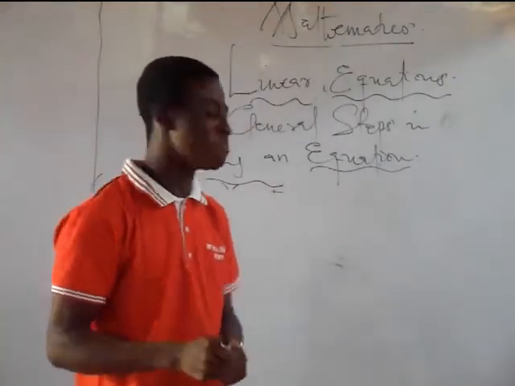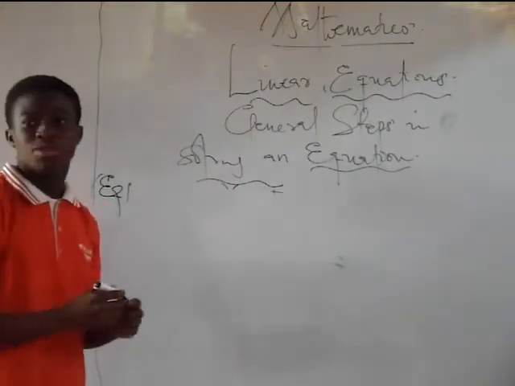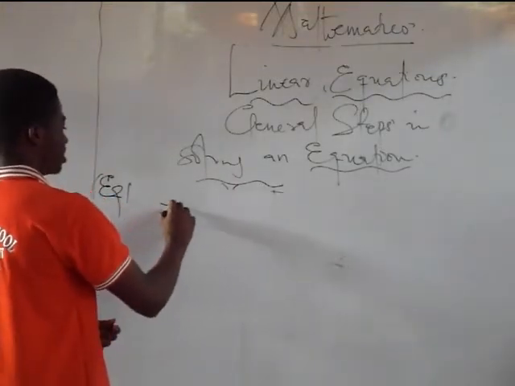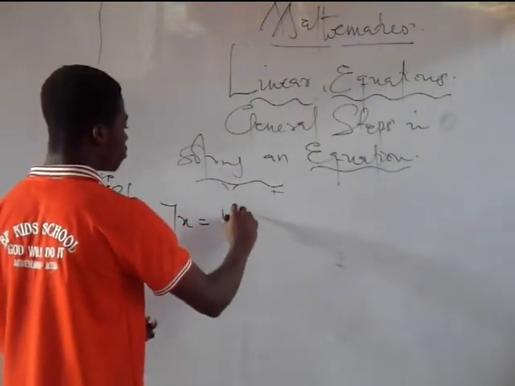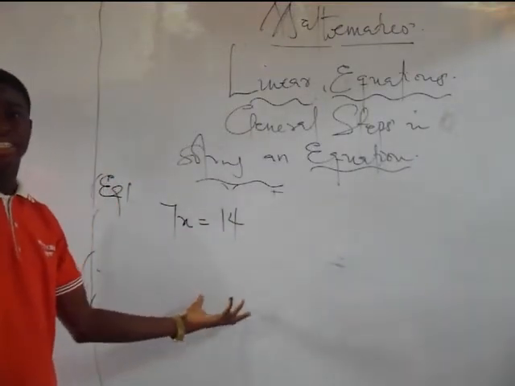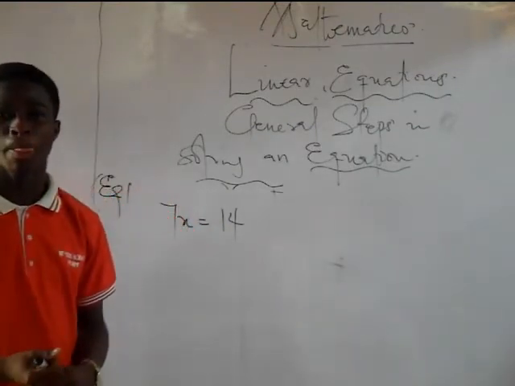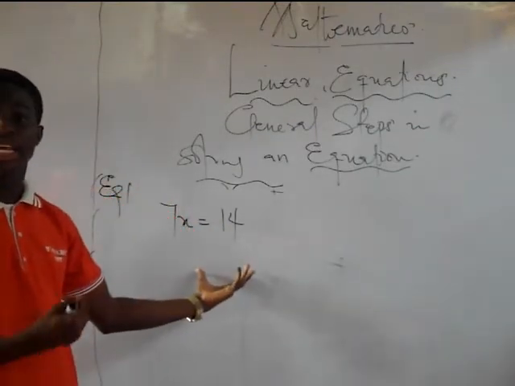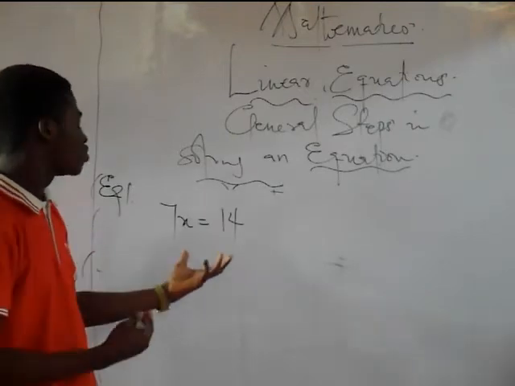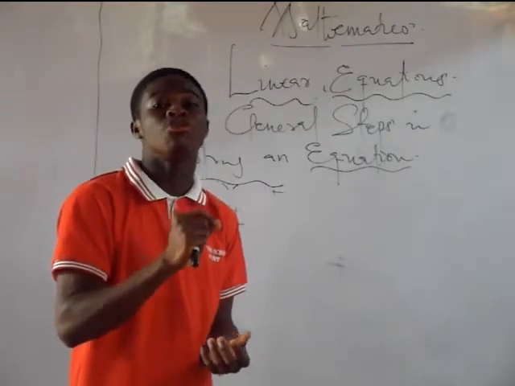With the first example, that is example 1, we have 7x equals 14. When given a question like this, 7x equals 14, what do you do? For you to solve a question like this, you need to divide both sides by the coefficient of x.